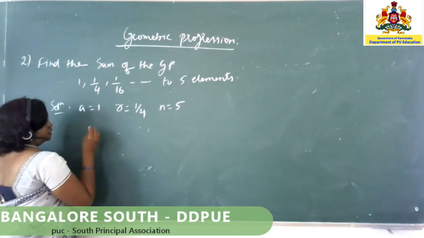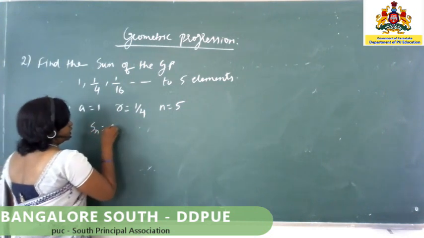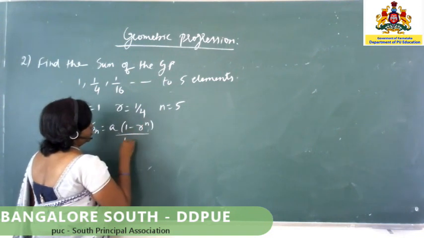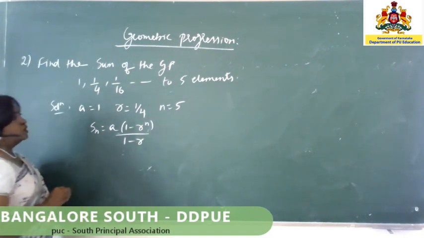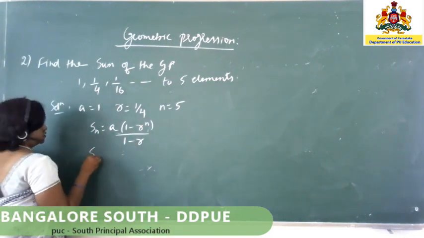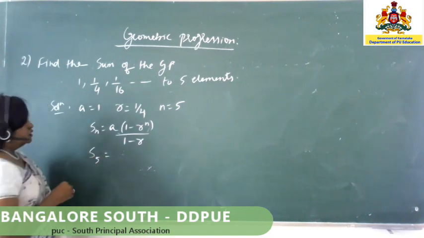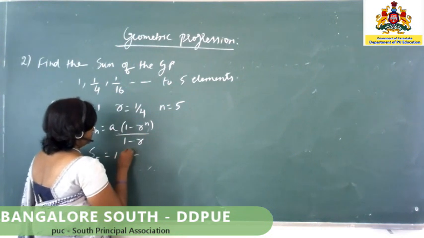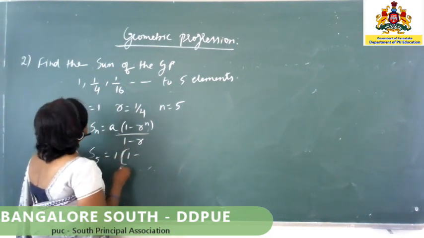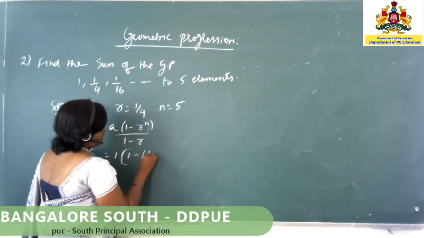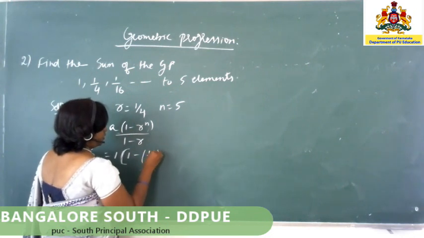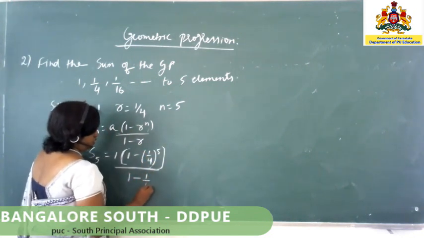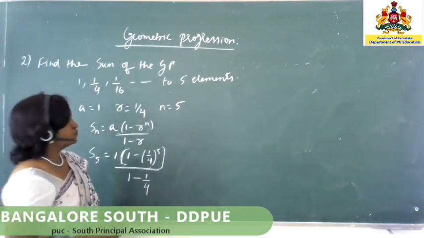So we know that Sn is equal to A into 1 minus R to the power of N by 1 minus R. So S5 is equal to A is 1, 1 minus R to the power of 5, that is 1 by 4 to the power of 5, divided by 1 minus 1 by 4.